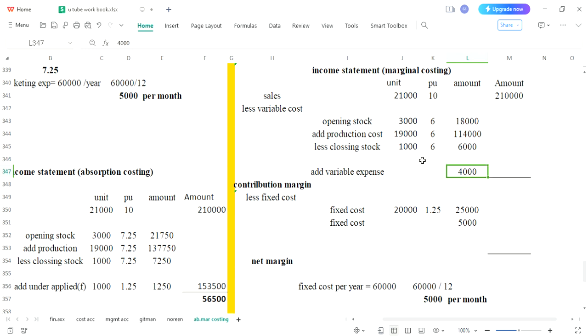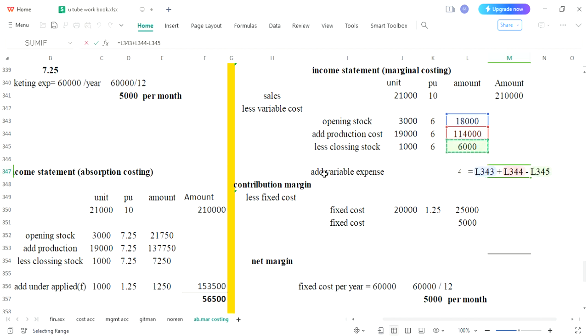This is your variable expense amount. All cost related to variable is completed. We can calculate total variable cost. How? You will follow these signs: add, less, add, less. So first element is your opening stock. You need to add, put sign plus, production cost, which is 114, and then you need to subtract, put sign of subtract, 6,000.